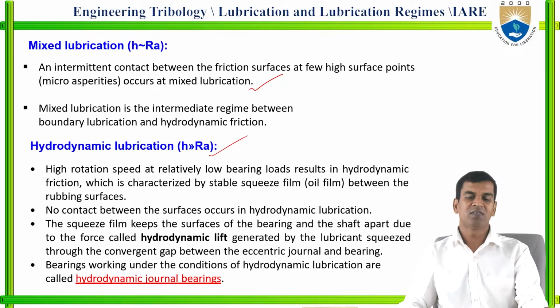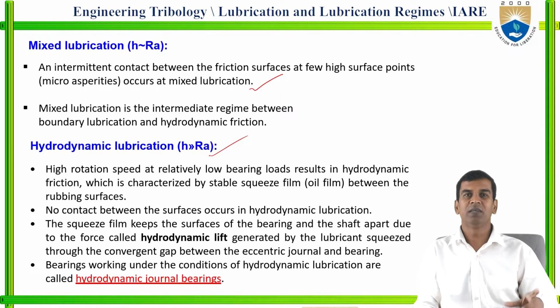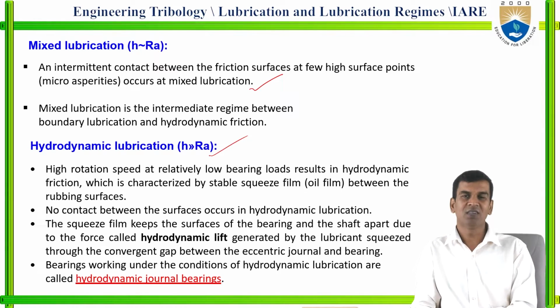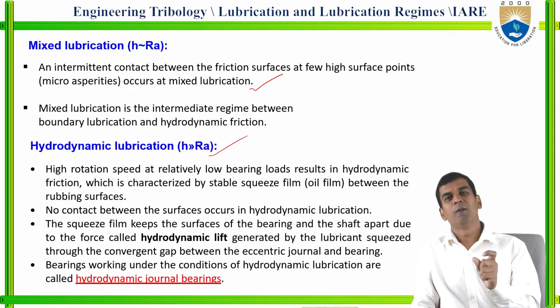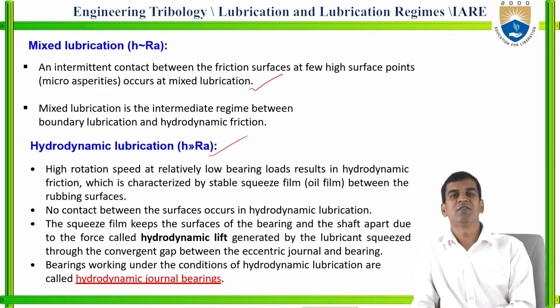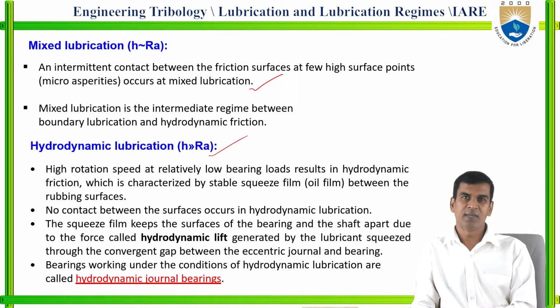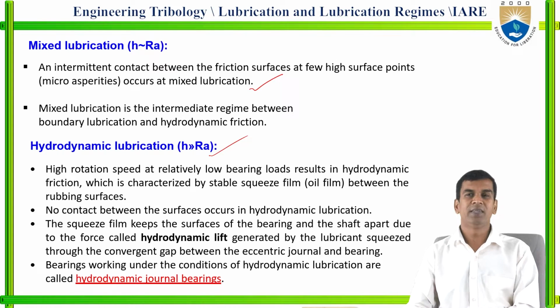Now we will discuss hydrodynamic lubrication. As discussed in the earlier slide, in hydrodynamic lubrication an oil film is formed by the relative motion between the surfaces in contact. Here the thickness is greater than the surface roughness.